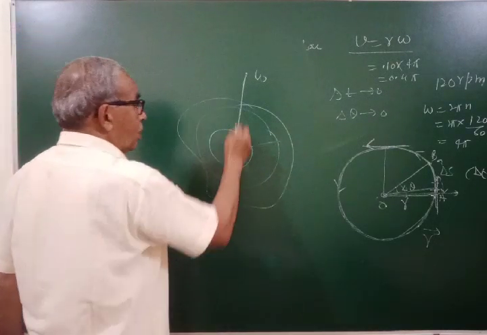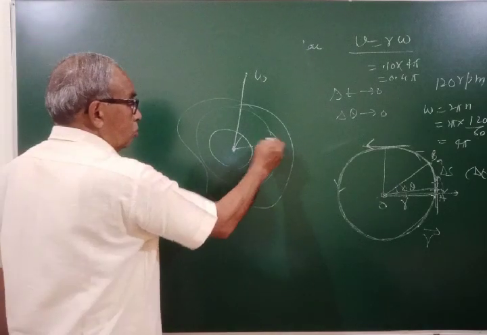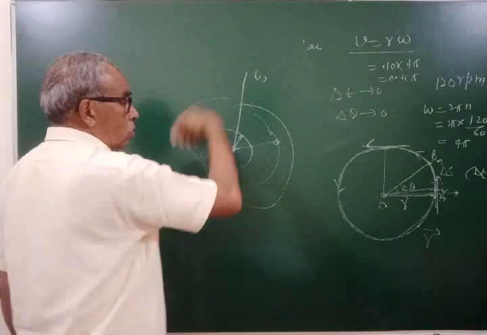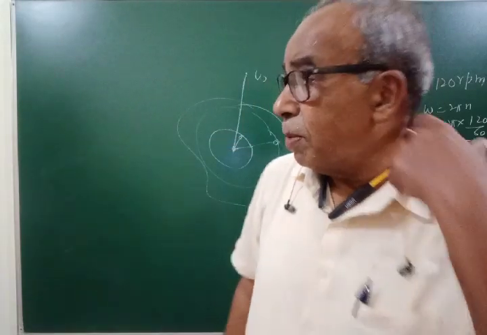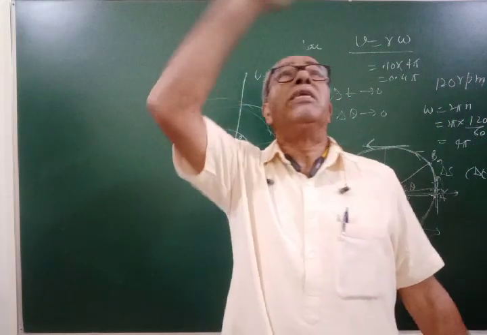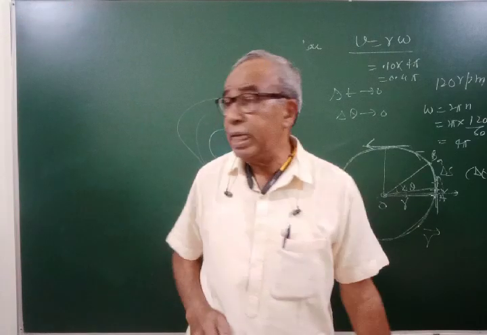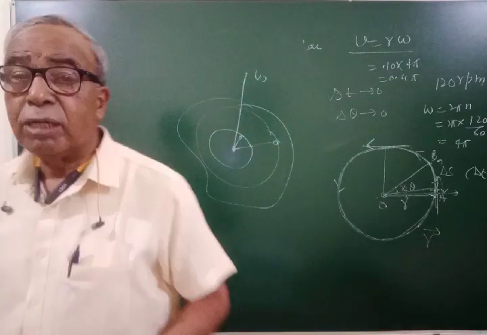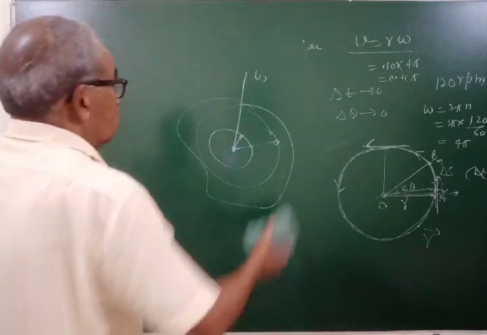The farther the particle from the axis of rotation, the greater the linear velocity, while the angular velocity is the same. For a fan rotating, every point on the blade has the same angular velocity but different linear velocity. V equal to r omega.